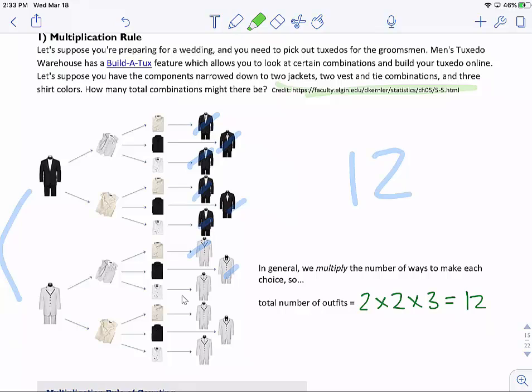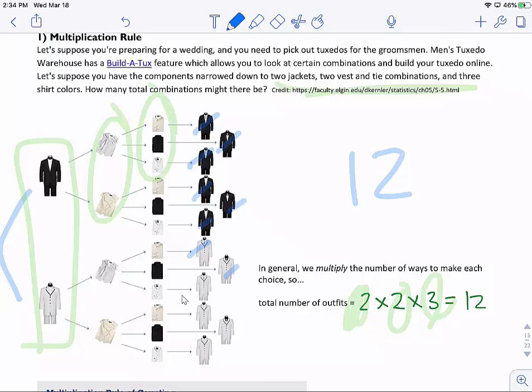So you can see right now that you've got 2 jacket combinations, which would be 2 right here, and then you need to pick a vest and a tie, so that's 2 other combinations right here. And then once you pick that, you have 3 options for your shirts, so that's 3 right here. So this was jacket, vest and tie, and shirt.